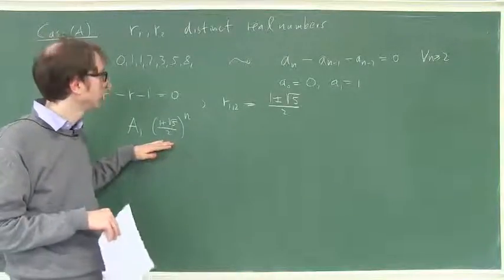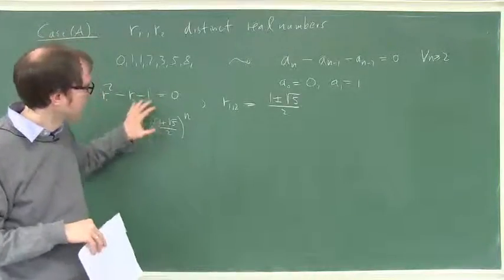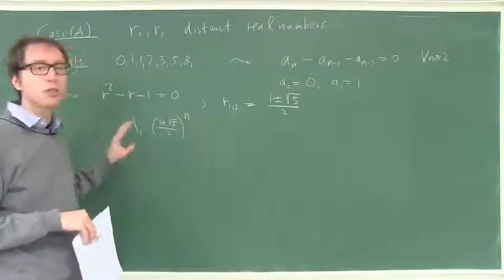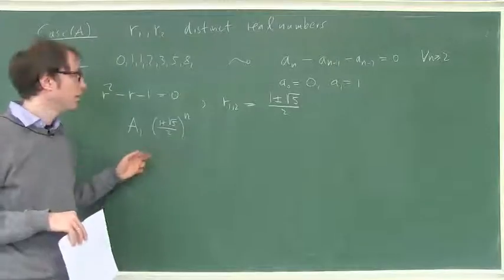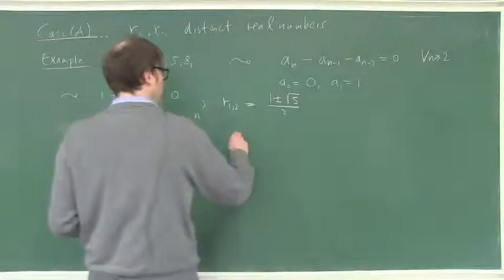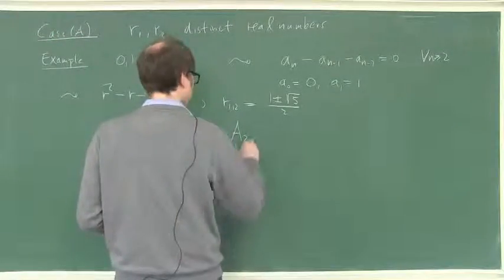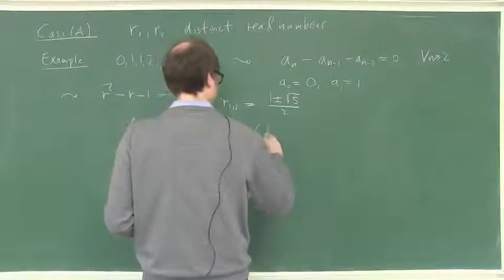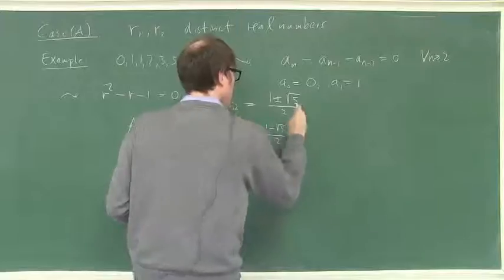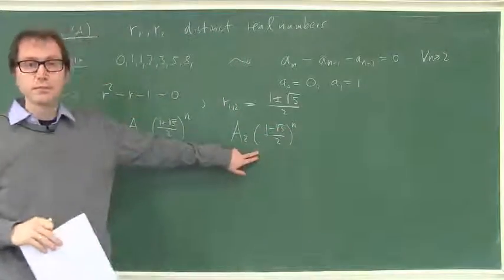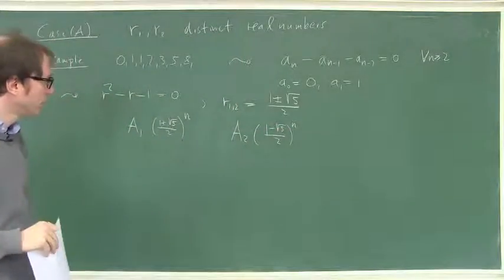It's precisely what we see. Which means that this is a nice solution of the recurrence relation. It might not be the one we're looking for, but it is one. But in the same way, we get another possible solution. Namely this one here. Again, another solution.